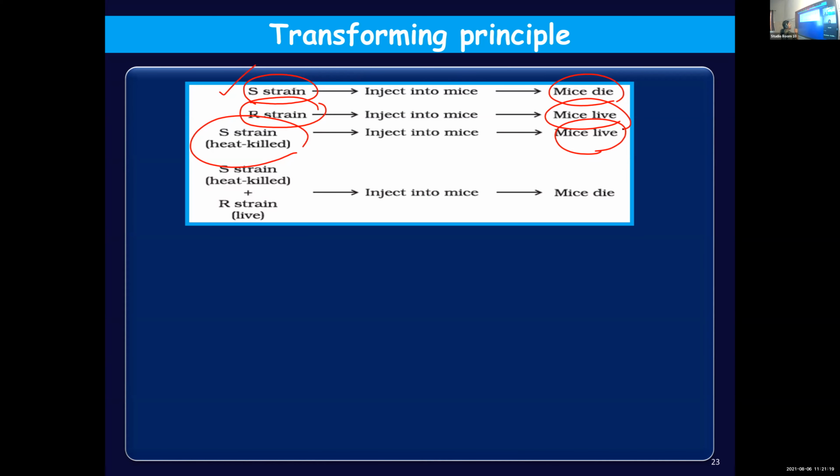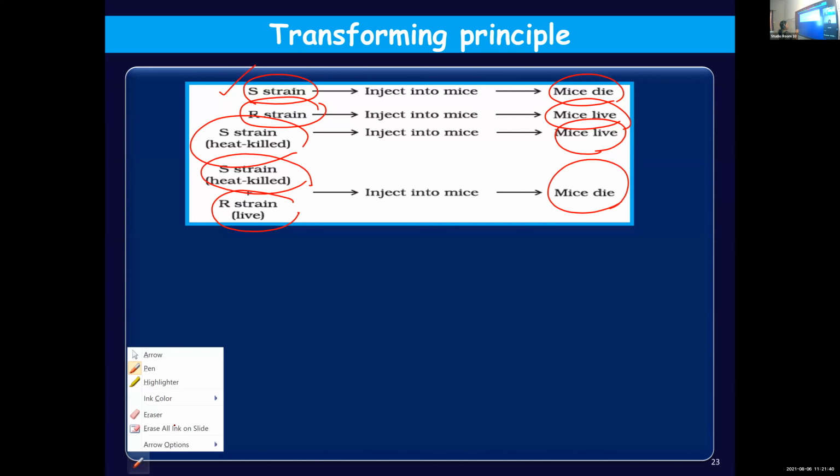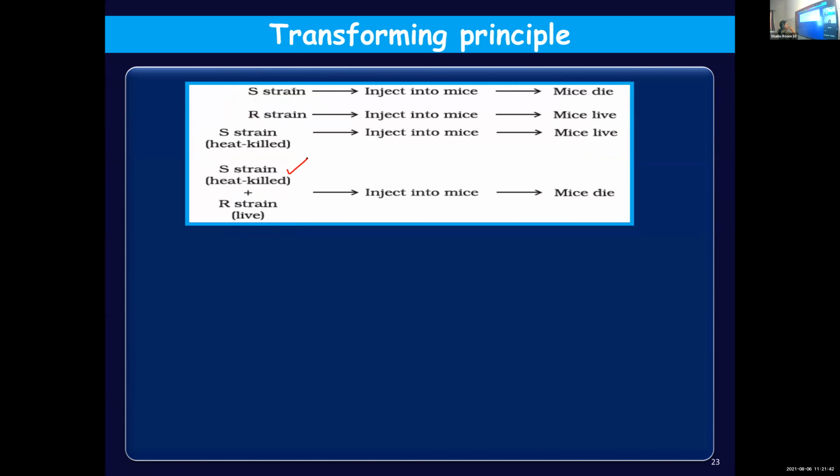But then he tried out a combination of S strain and R strain. R strain was alive and S strain heat killed. But to their surprise, the mice died. If you take them separately, children, heat killed S strain cannot kill mice, as we saw here.